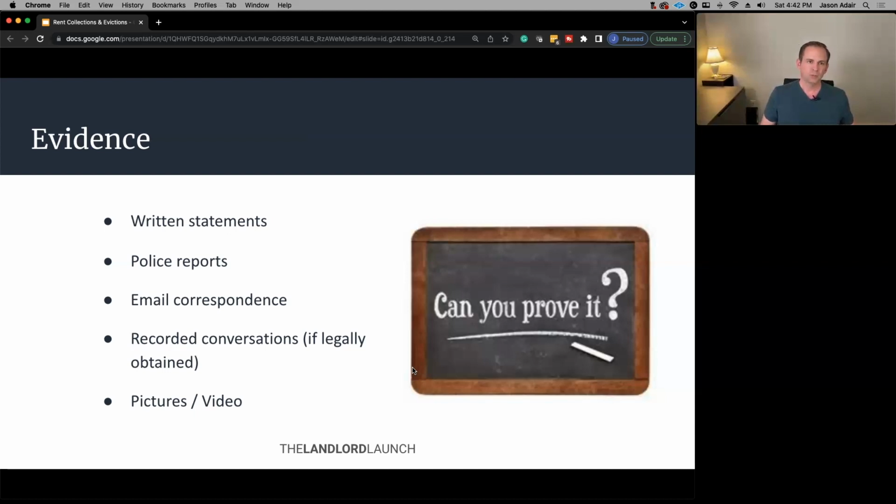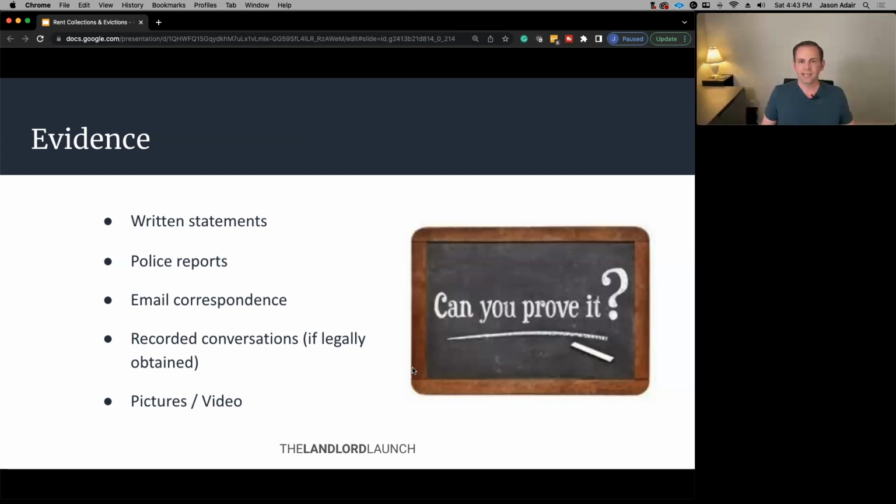If you don't do that, and if you give opportunities for the attorney on the other end to spin that, or for the tenant to have explanations that cast doubts on the claim that you're making, the judge very well may say, hey, listen, I understand, but this isn't enough evidence to show that they've actually violated this.